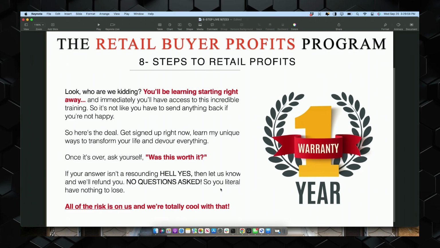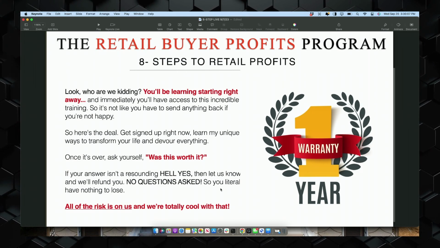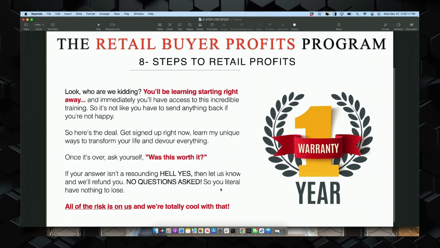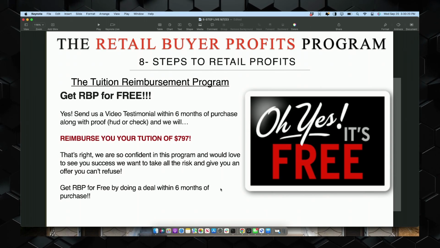There's basically no timeline. You can take your time. You don't have to rush through it in 30, 60, or 90 days. You've got a year to figure this out, and you'll realize that this is the best thing since sliced bread, really. The second thing is you get a tuition reimbursement program where you can get the entire course for free.